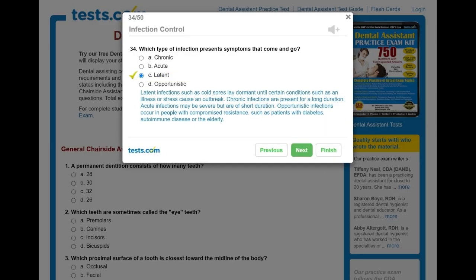Latent infections, such as cold sores, lay dormant until certain conditions, such as an illness or stress, cause an outbreak. Chronic infections are present for a long duration. Acute infections may be severe, but are of short duration. Opportunistic infections occur in people with compromised resistance, such as patients with diabetes, autoimmune disease, or the elderly.